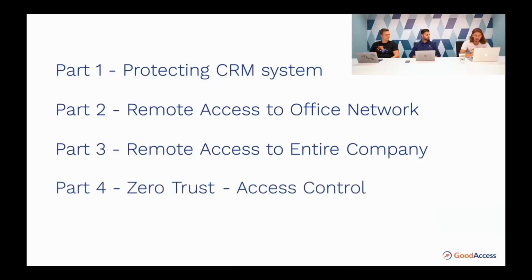And then we will show the remote access to the entire company, because companies usually have more offices. Some systems are deployed in private clouds, and we want to connect everything together. And at the end, we're gonna apply zero trust access control, just to be sure the systems will be accessed by only authorized people in the company.